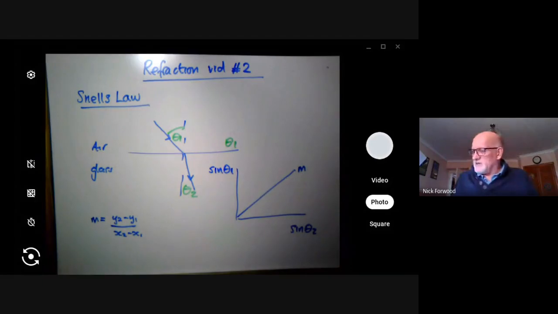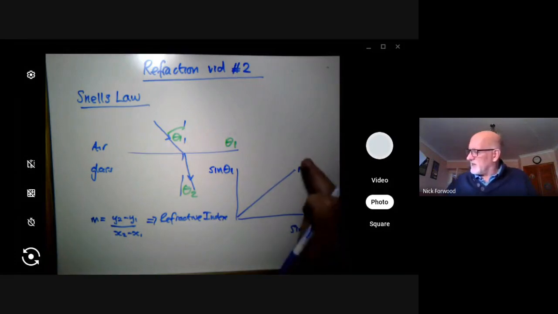And the gradient actually is equal to the refractive index. Now, the refractive index doesn't have the letter m. m is just a general letter for any gradient of any graph. But in this case, the letter for the gradient, the refractive index, is actually the letter n.